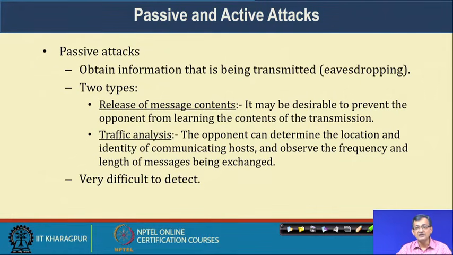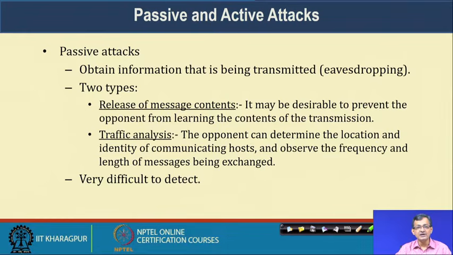It can be some software residing and carrying information about network switches, etc., and going on transmitting to somebody, so that they can launch an active attack.